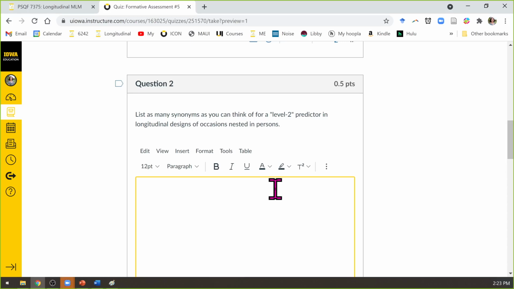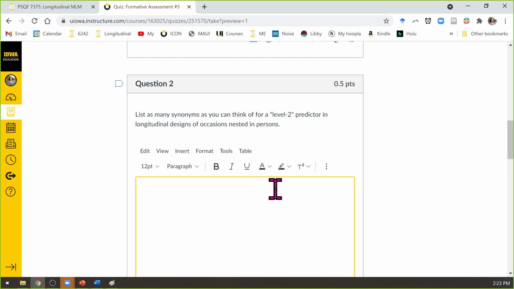Time invariant. Ding ding. Between. Between always works, just like level 2 always works, but between person, in this case, yes. Inter-individual, good one. Contextual. Yeah, that is less common in longitudinal. That would be more common in a persons and groups kind of scenario, but technically still correct.